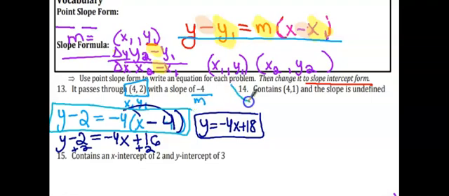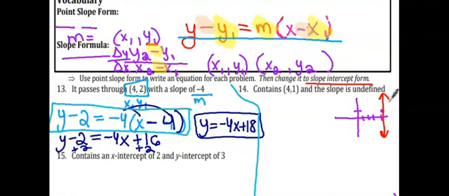Okay, so now let's look at number 14. It contains 4, 1, and the slope is undefined. So let's think about an undefined slope. If I graph this point, over 4 and up 1, and I want an undefined slope, it's going to be going up and down.